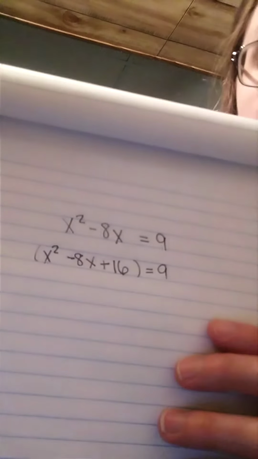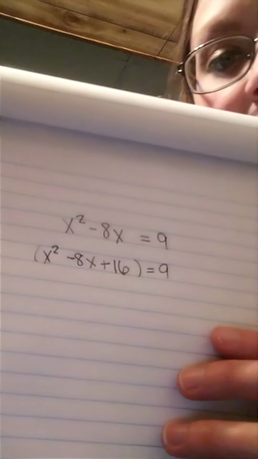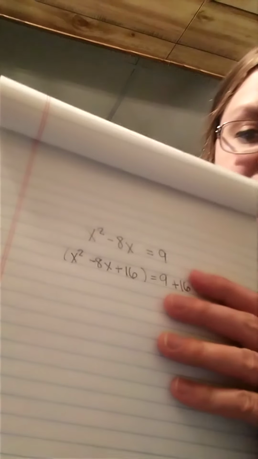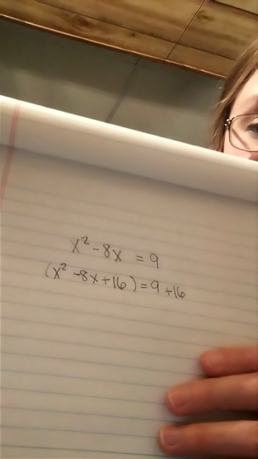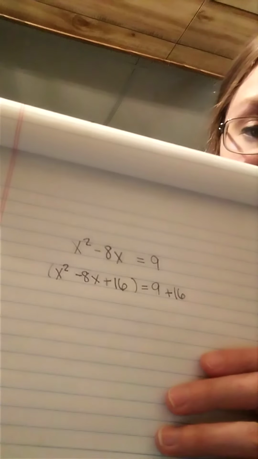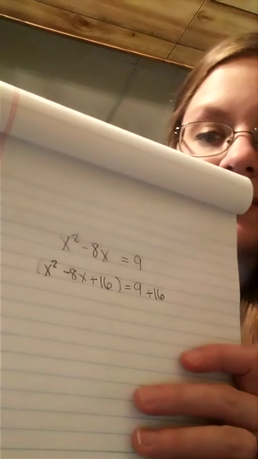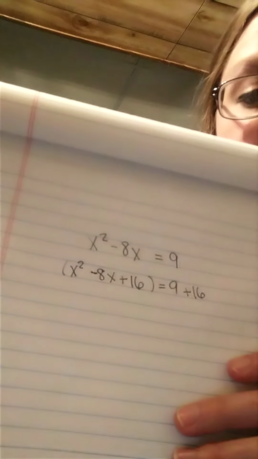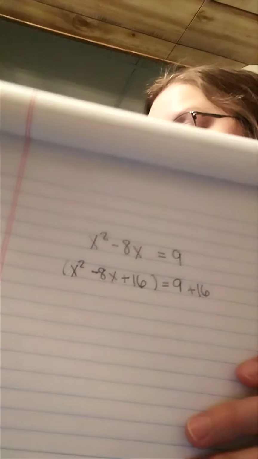So I have x squared minus 8x plus 16. The problem that I've created right now is I've added 16 to one side of an equation. So now it's unbalanced. What we do to one side, we have to do to the other. So I'm also going to have to add 16 to the right side so that everything remains equivalent. Now the goal is to factor the perfect square trinomial that I have created.